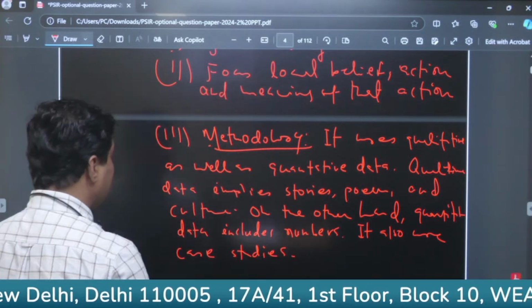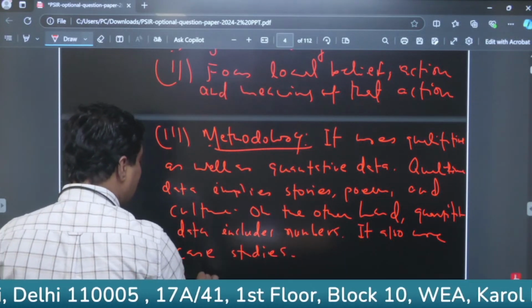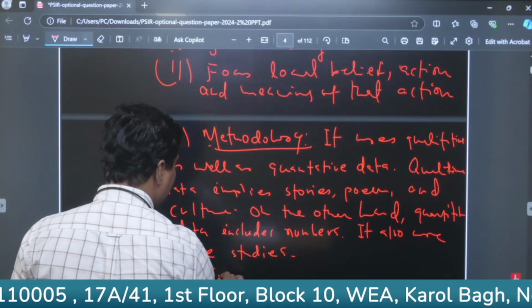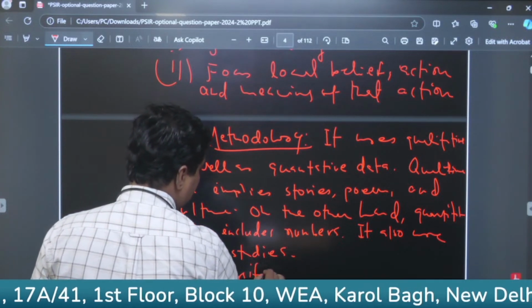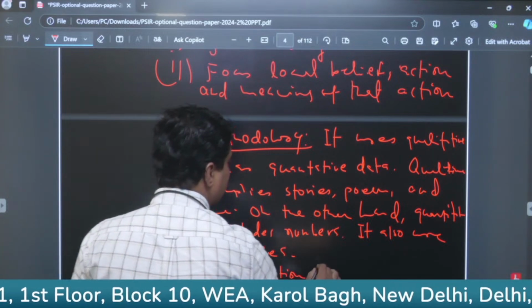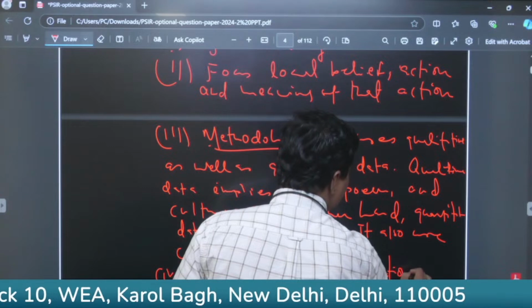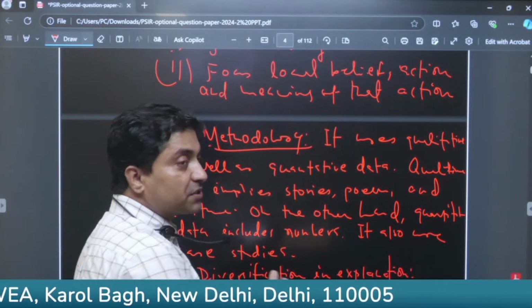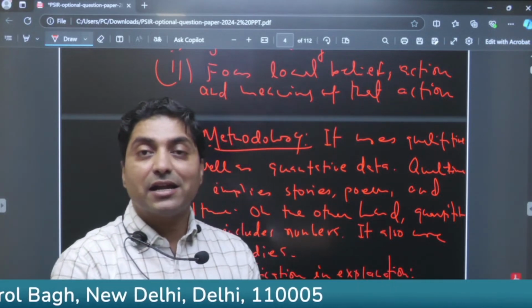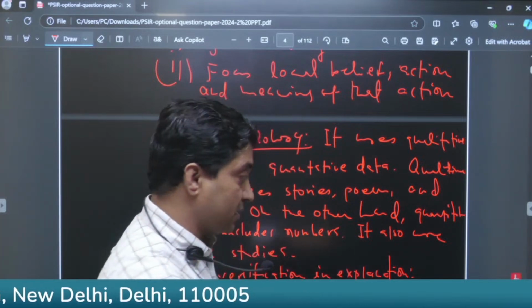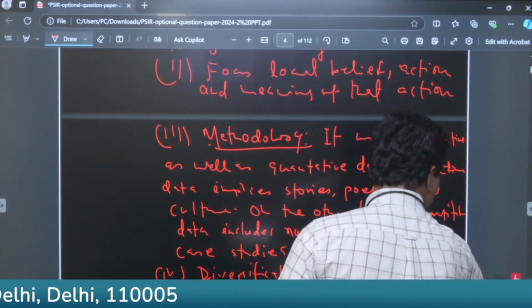Diversification is very important. The fourth point is diversification in explanation. They don't focus on universalization of analysis but rather on diversification of analysis, right?